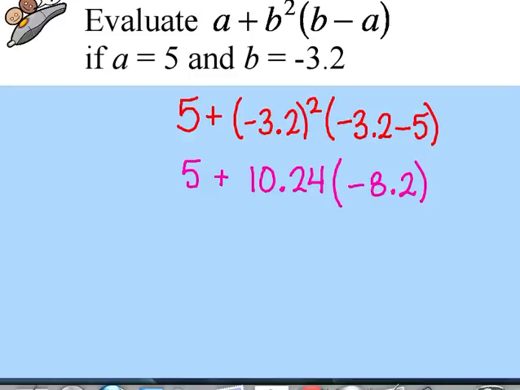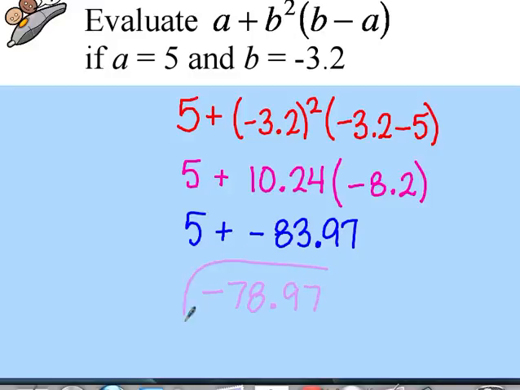So I have 5 plus 10.24 times negative 8.2. That is negative 83.97. You add 5 to that, and your answer should be negative 78.97.